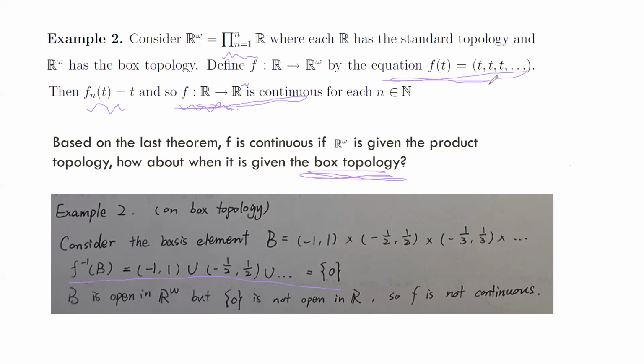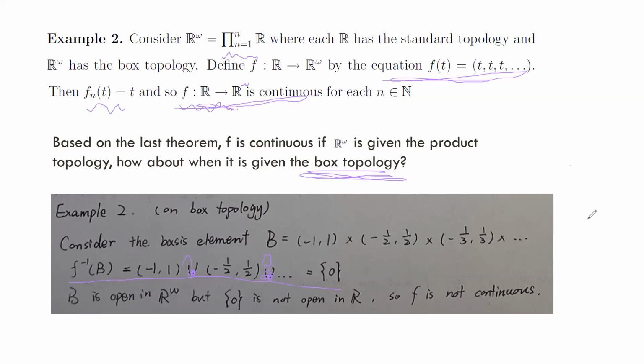First, the notation you have is wrong. It should be f inverse of B is (-1, 1) intersect (-1/2, 1/2) intersect something, right? Oh yeah, sorry. So why should f inverse of B be this? If t is in f inverse of B, then f(t) equals (t, t, t, t, ...), always t.